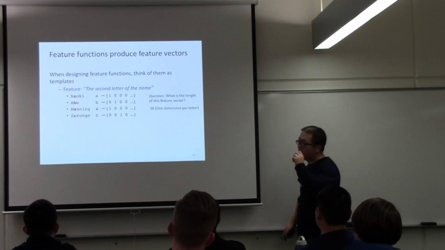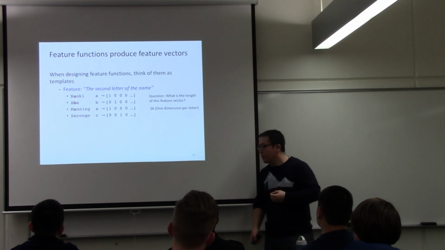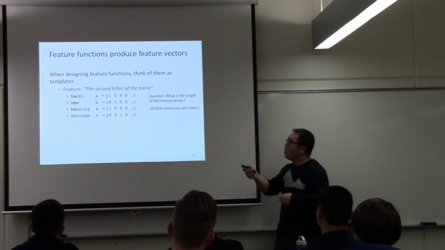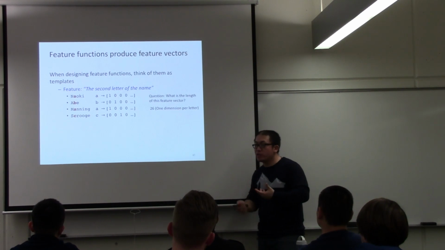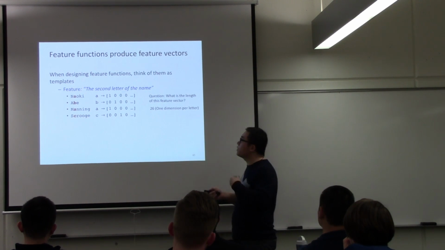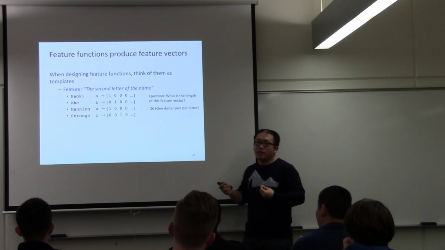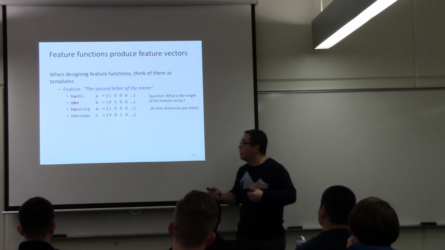And this is one example of the feature vector. Oftentimes when we design feature functions, we just treat them as templates. And when we apply our feature function on different instances, it is just different template instantiations, right?